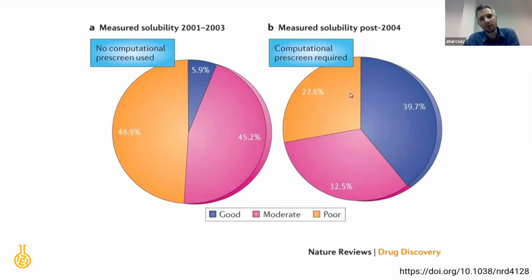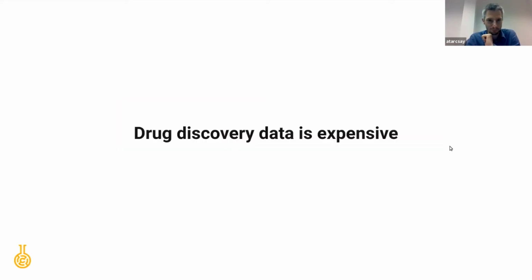Then they applied simple solubility methods and asked the chemists to pre-screen with the solubility model before synthesizing the compounds, and then this dropped to 28%, and the number of good or highly soluble molecules increased in their system.